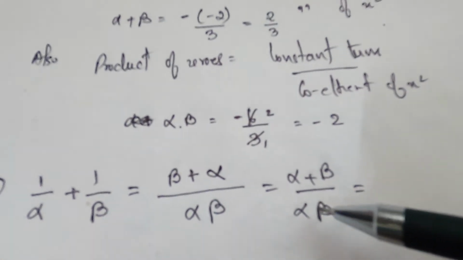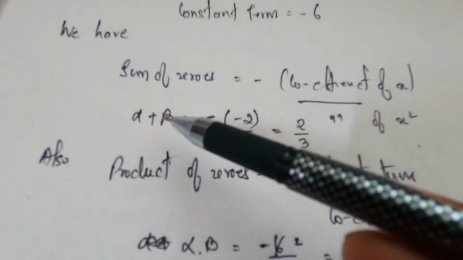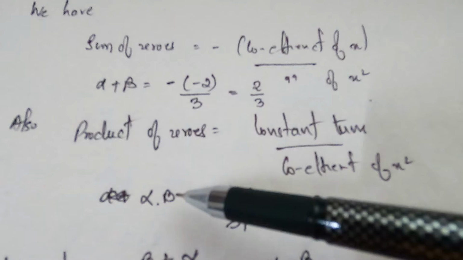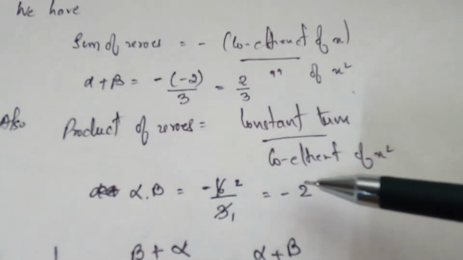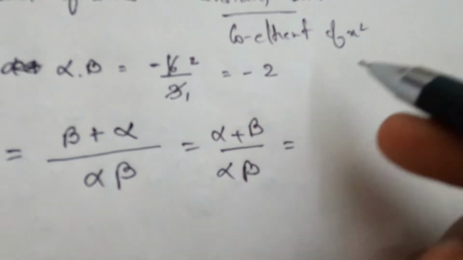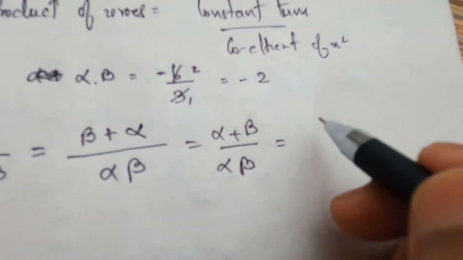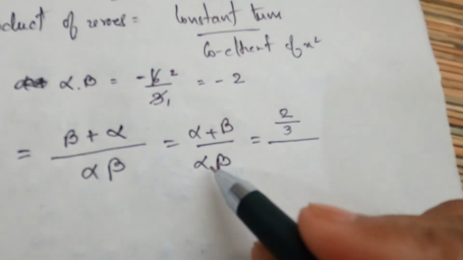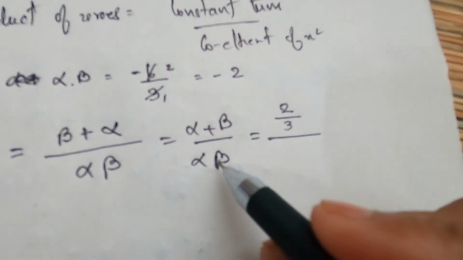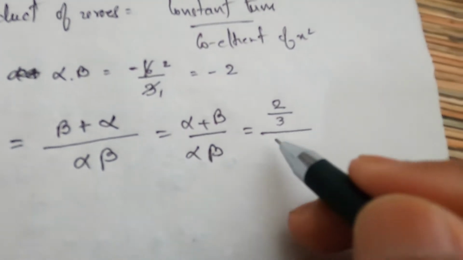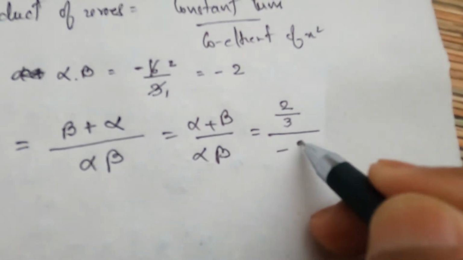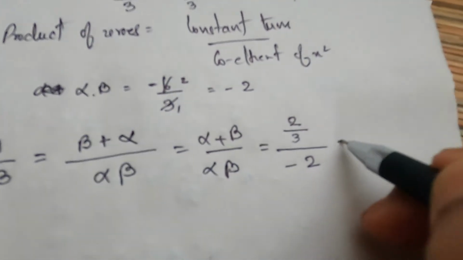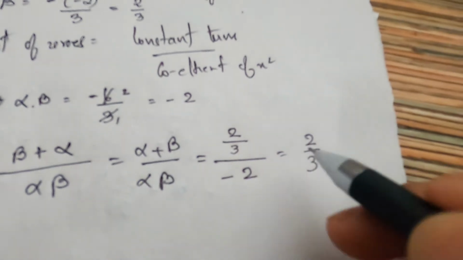Now let us substitute the values. Alpha plus beta is 2 by 3, and alpha beta is minus 2. So alpha plus beta will be 2 by 3, and the product of zeros, alpha beta, will be minus 2. So this will be 2 by 3 divided by minus 2.